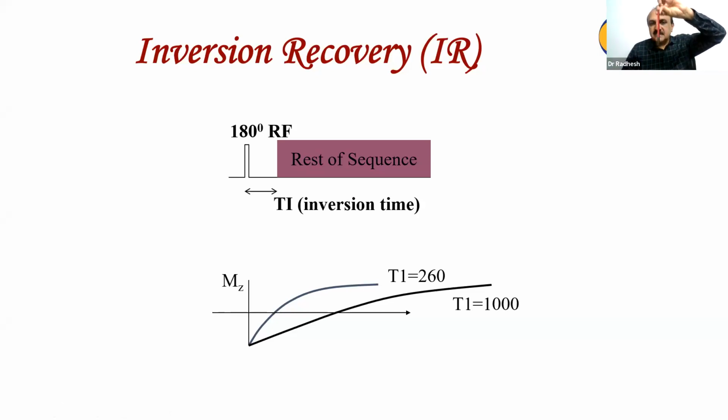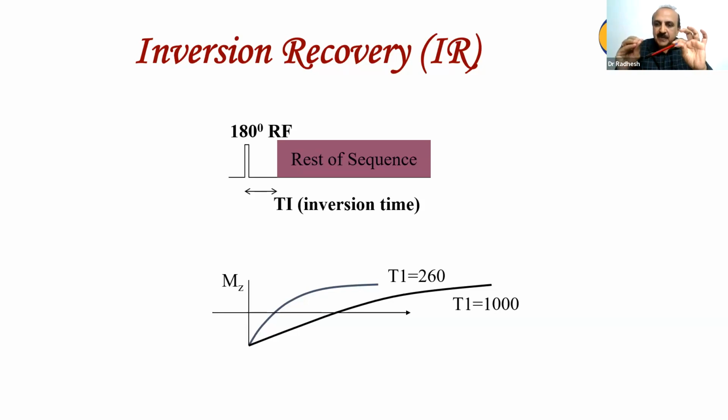Once it is flipped 180 degrees, I allow say 100 milliseconds or 120 milliseconds for it to come back. Then I start the sequence. Then the fat gets suppressed. That is all inversion recovery is.